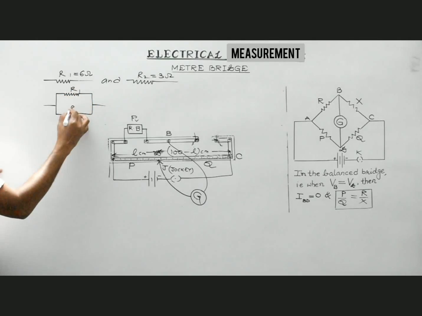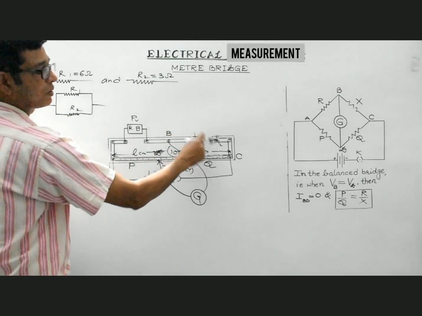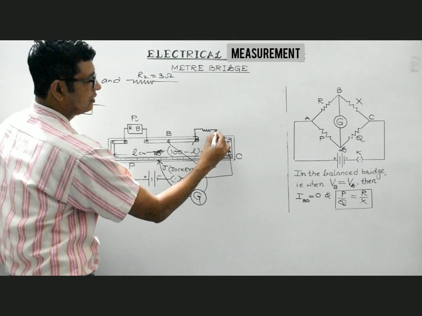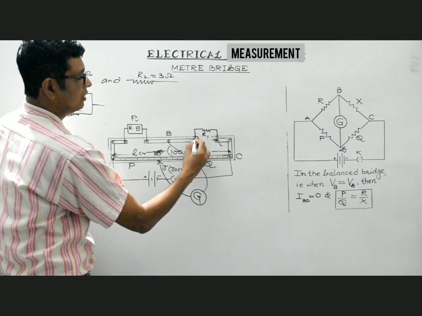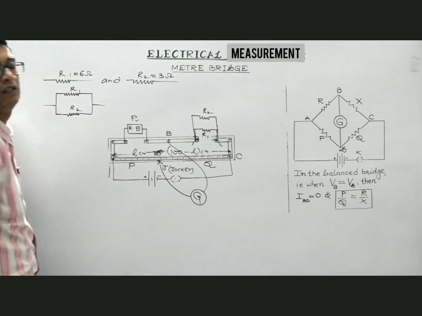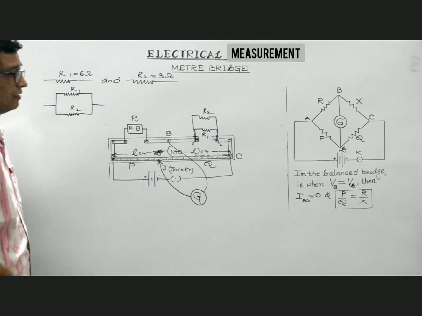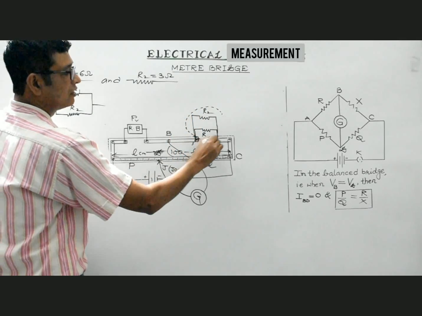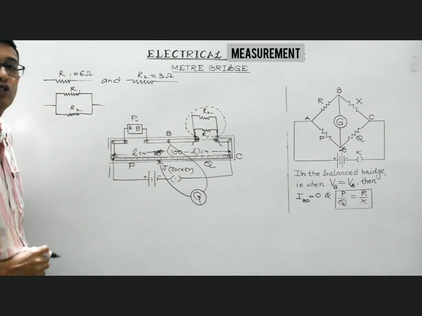This is R1 and this is R2, and these two combinations are to be connected over here, right? Clear, students?